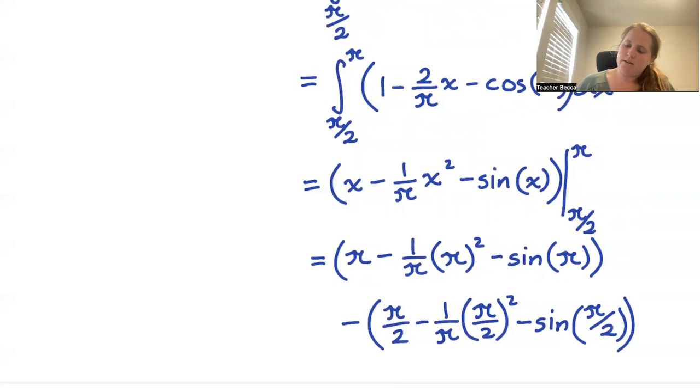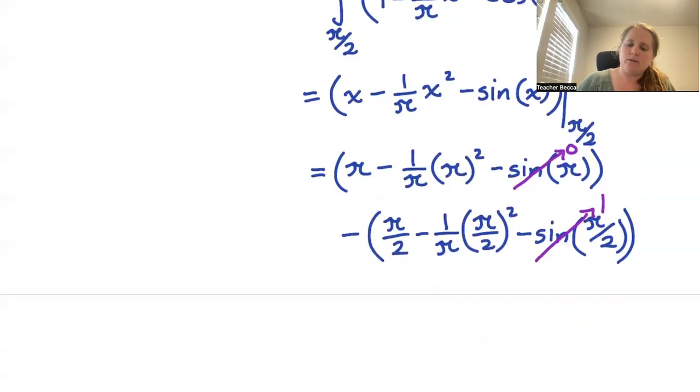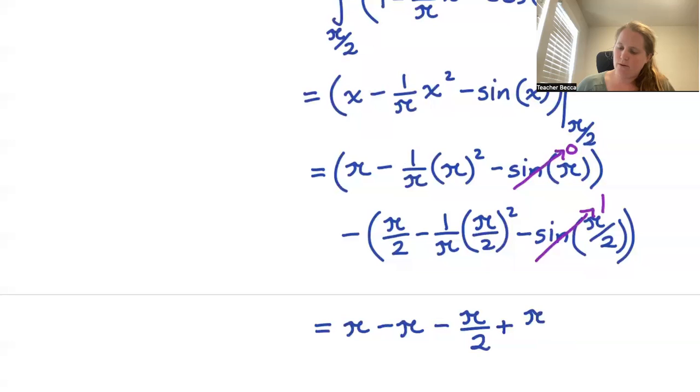Again, sine of pi is 0. Sine of pi over 2 is 1. So we are looking at pi minus pi, which is just 0. And then we are subtracting off pi over 2 and adding on pi over 4.